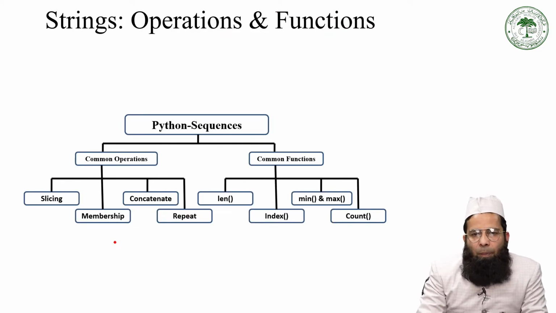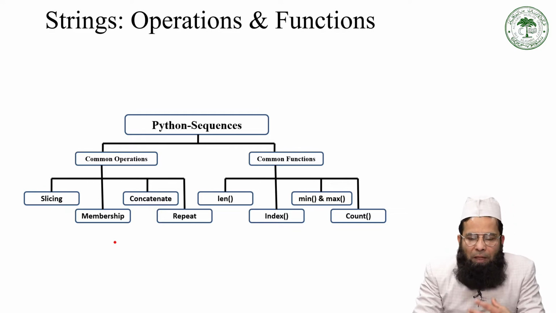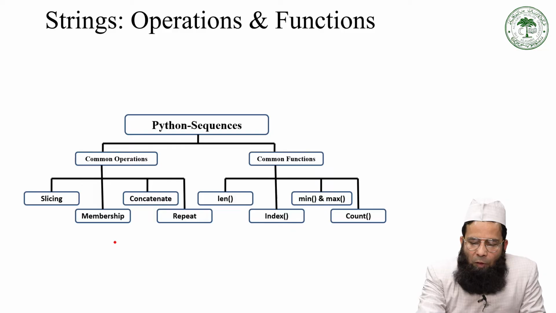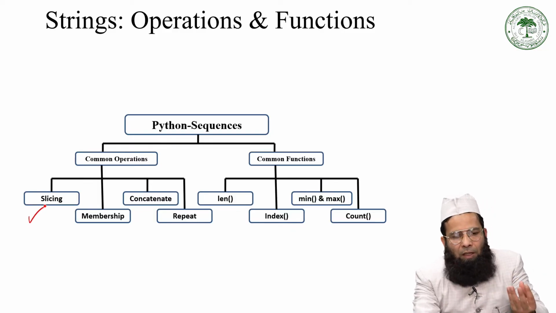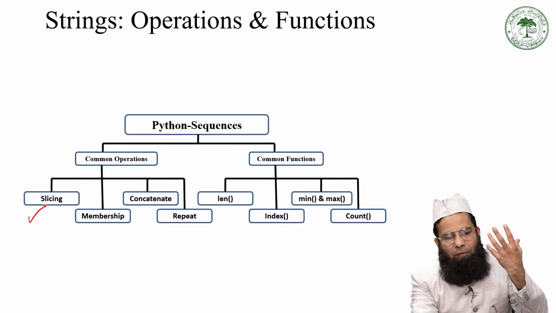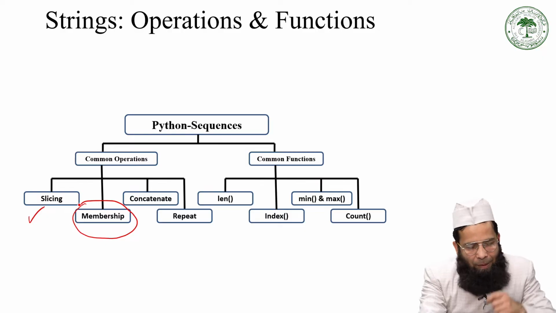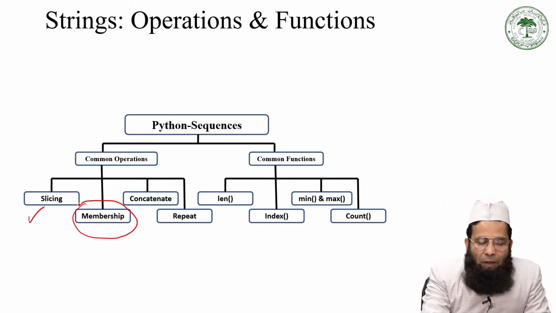There are certain operations and functions that you can apply on a string variable. The operations that we can perform are slicing, which means you want to extract certain characters from a string, and membership, if you want to check whether a character is a member of a particular string or not.